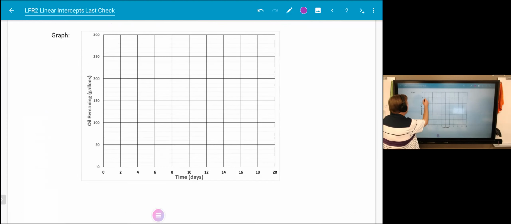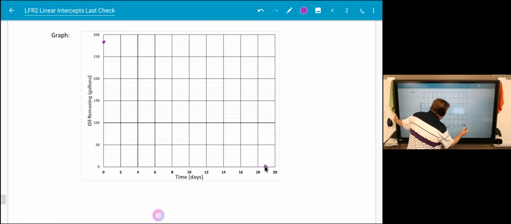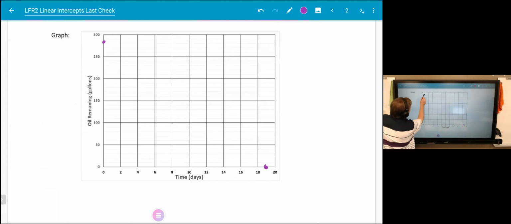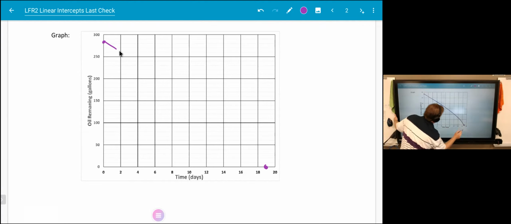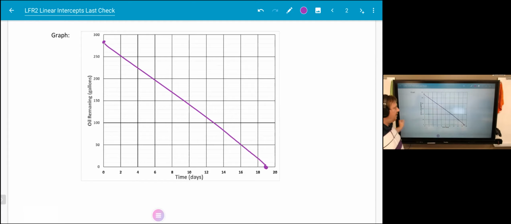Now, let's go ahead and graph this. 0 days, 285 gallons. 19 days, 0 gallons. Close enough. Big curve there at the end. Hey, that'll work. Notice what I didn't do.